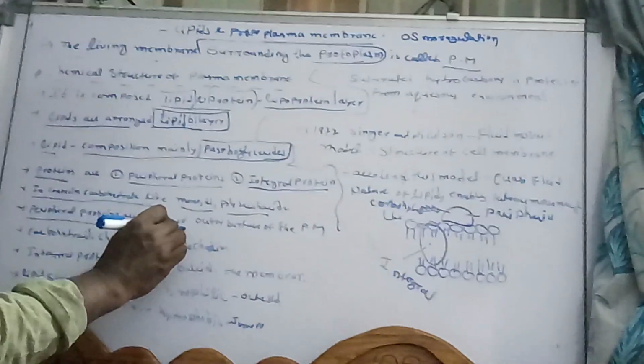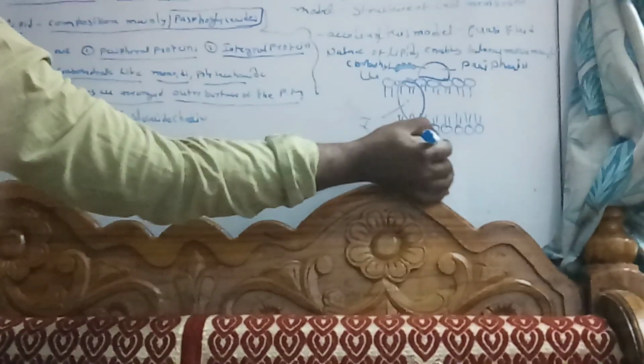The peripheral proteins are arranged on the outer surface of the plasma membrane. This side also has peripheral proteins. The carbohydrate chains are arranged on the surface of the peripheral proteins.